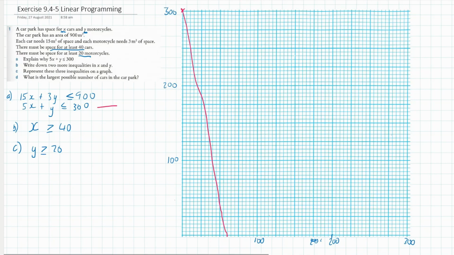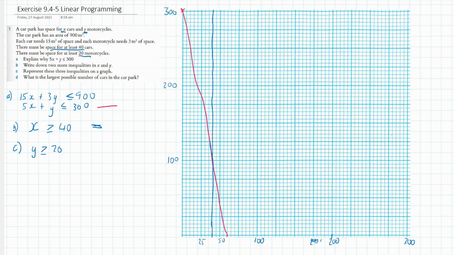Now the next one, so I didn't need quite so far on my x-axis. The next one is x is greater than or equal to 40. So we'll do this with the blue. Now this is 25 here, this is 50 here, so I think this is 40 here. It's going to be a vertical line that goes all the way up here.